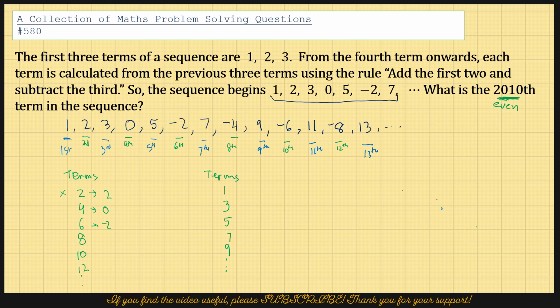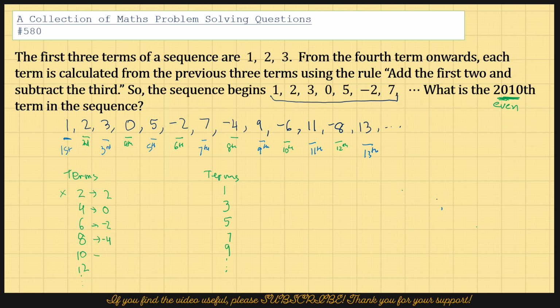If you forget the negative sign, 6 minus 2 is 4, and 8 minus 4 is 4. Or even if you had the negative sign and were adding them, you would get 4.